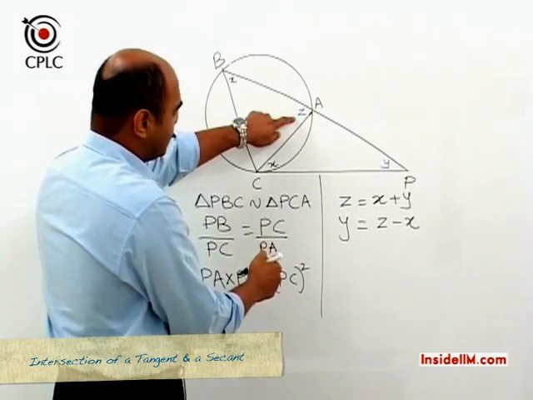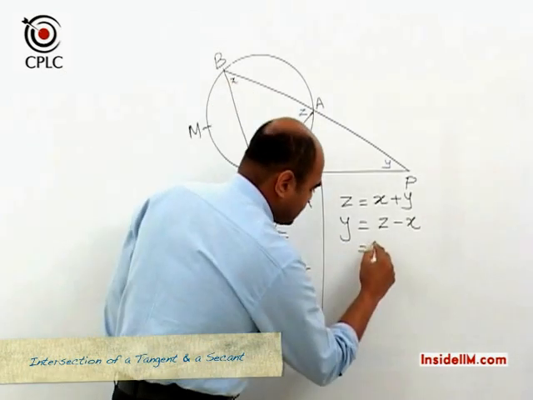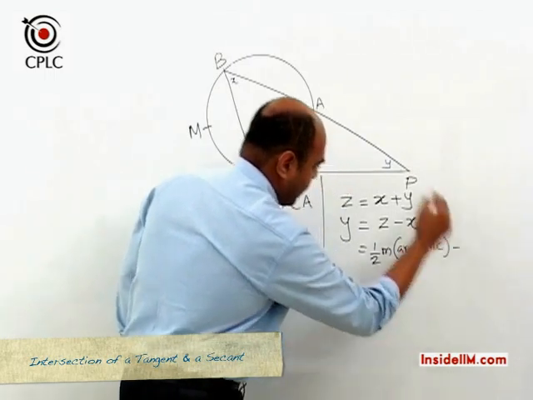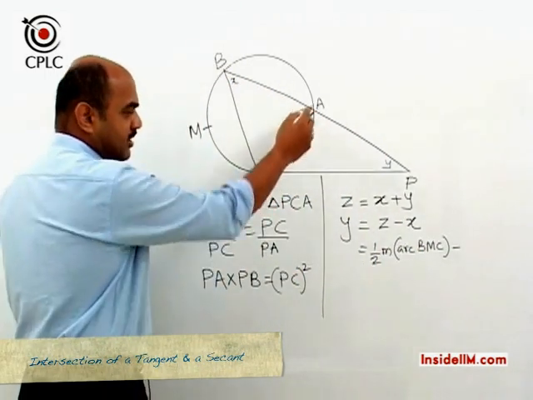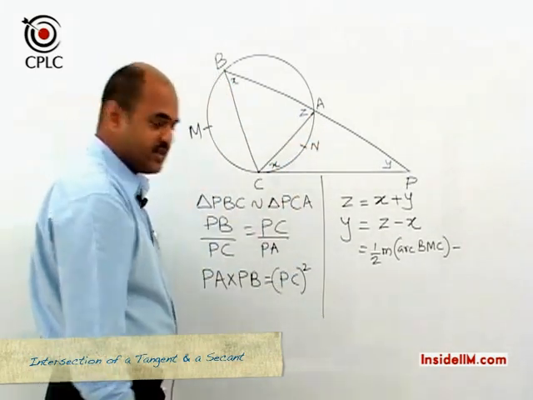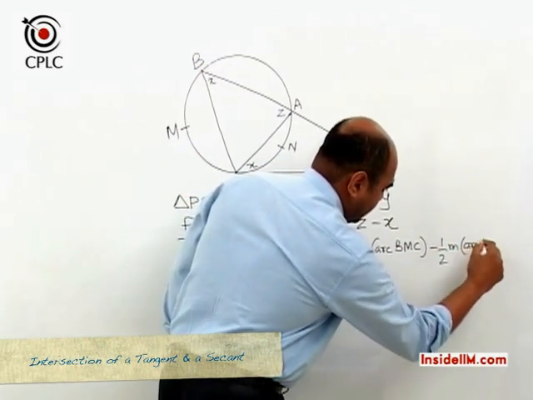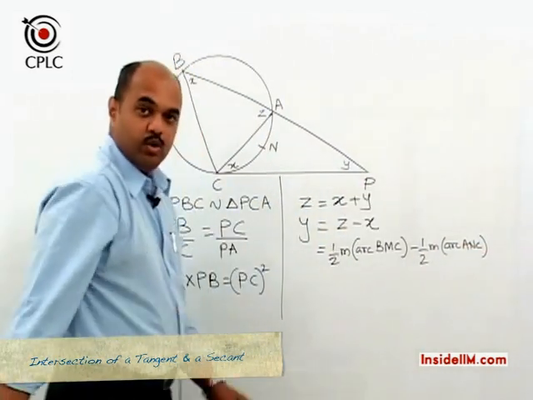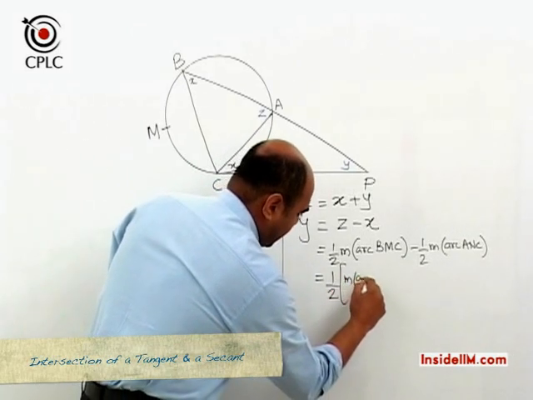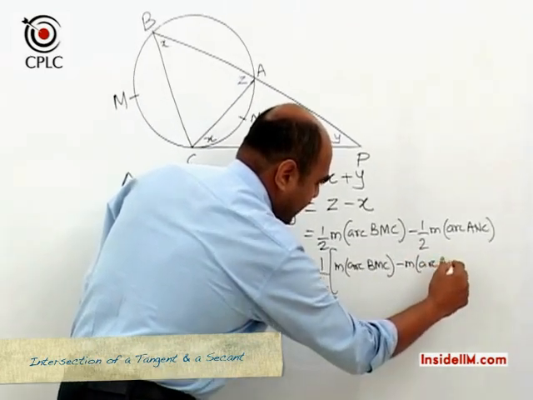Z is the angle subtended on the circle by arc BMC, and hence we can say Z is half measure of arc BMC. x is the angle subtended on the circumference by this arc ANC, and hence we can say x is half measure of arc ANC, which would then give us our final formula: half of measure of arc BMC minus measure of arc ANC.